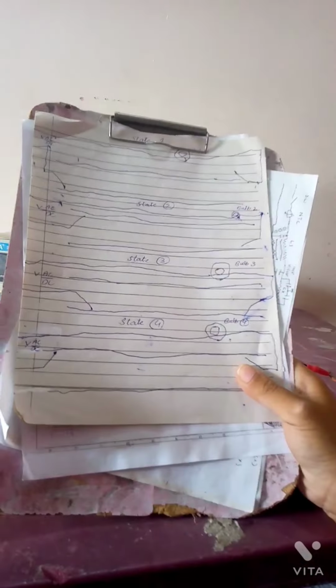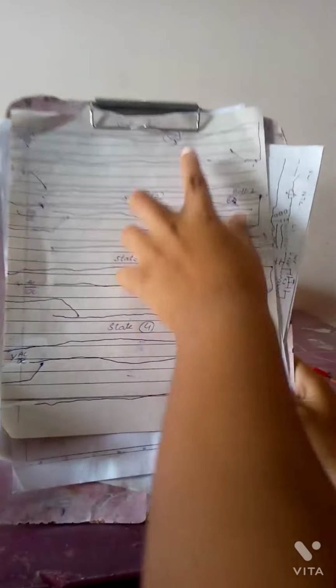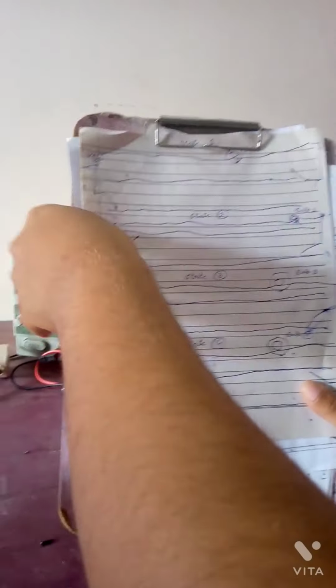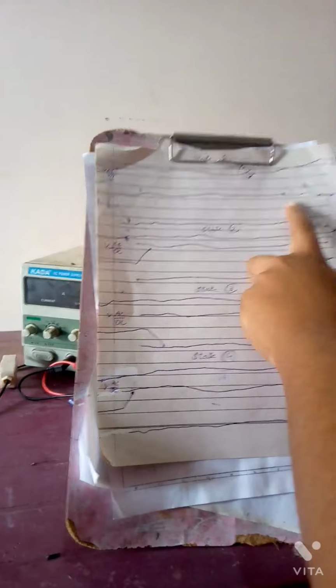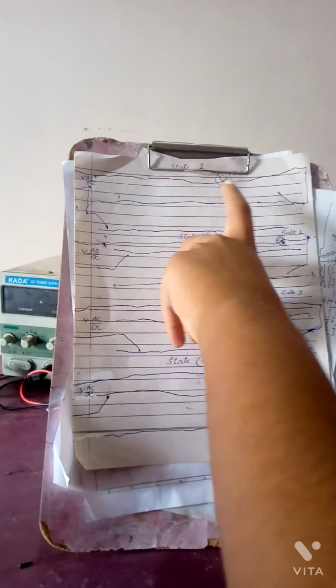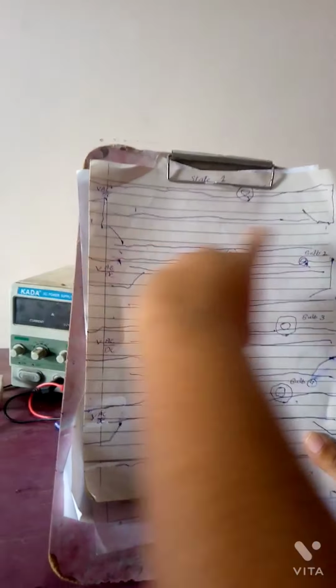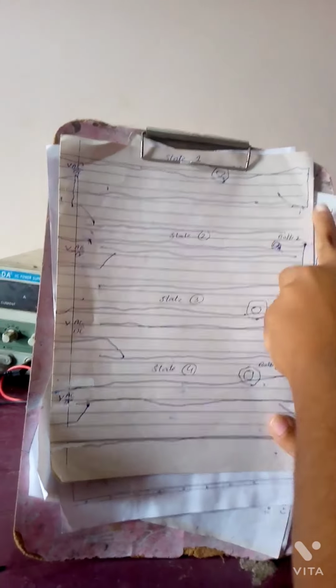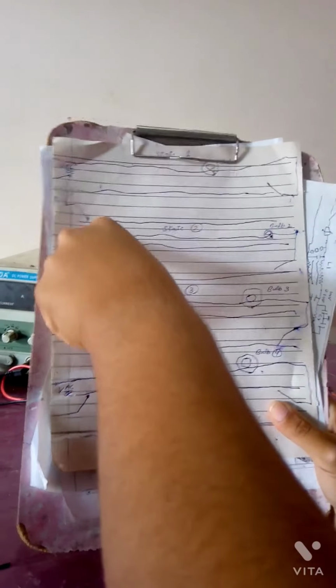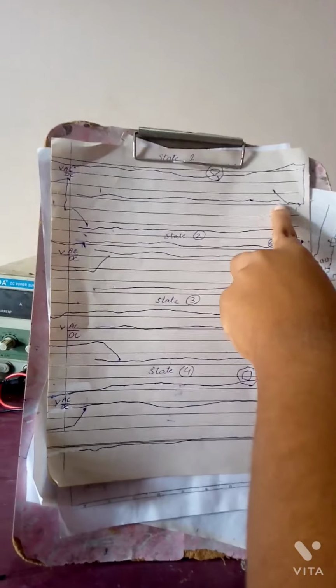So let me go through the states. State 1: there are 2 switches. Switch 1 is normally closed and switch 2 is normally open.